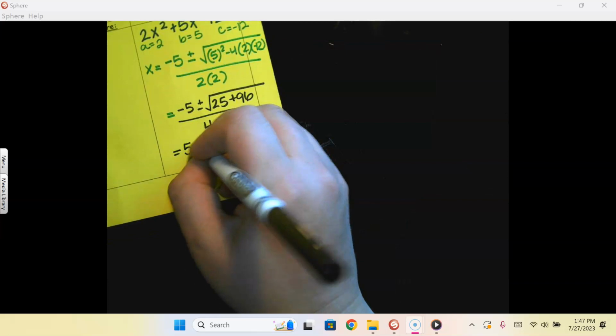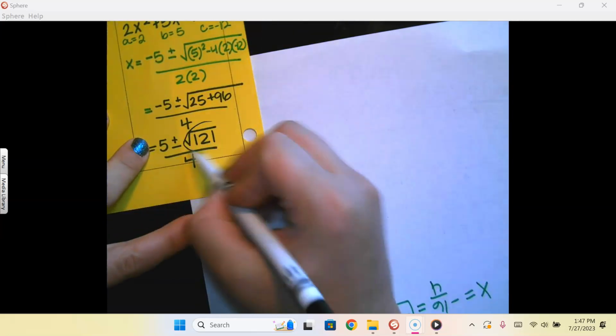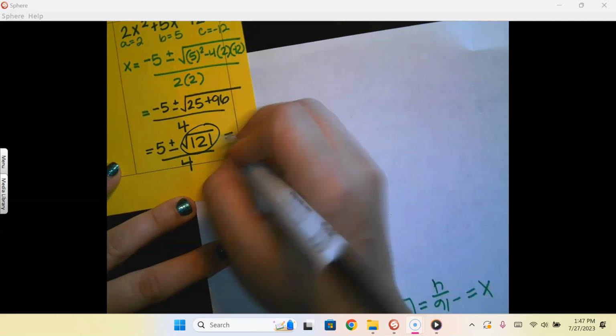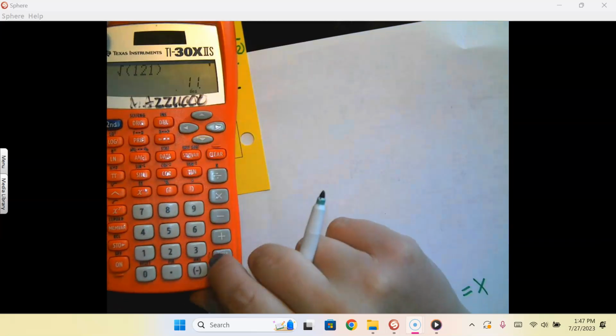2 times 2 is 4. So then we have 25 plus 96, which is 121. Okay. And next thing we do when we get into this situation is we always tackle the radical first. So the square root of 121, what times itself is 121? That is 11.